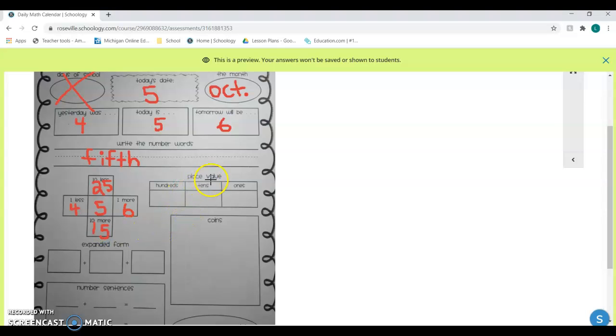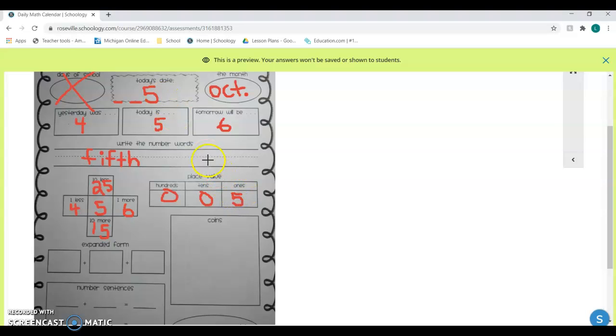Okay. So for place value, we are looking at the number 5. We have nothing in the hundreds place, so we have 0. We have nothing in the tens place, so we have another 0. But we have 5 ones in the number 5.